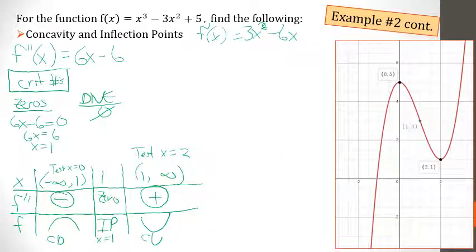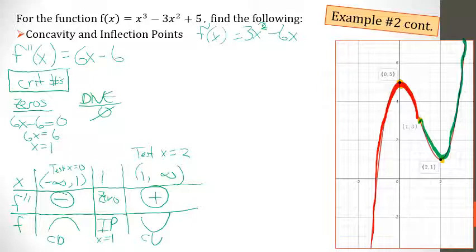Okay, it looks like it got what we did. We have a max right here, a min right here, and an inflection point right there. At the inflection point, you can see where the graph changed from concave down to concave up.